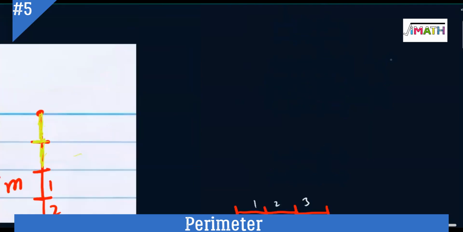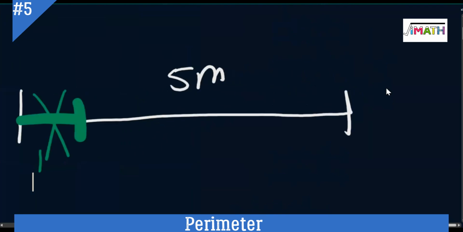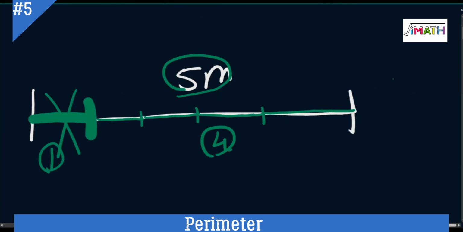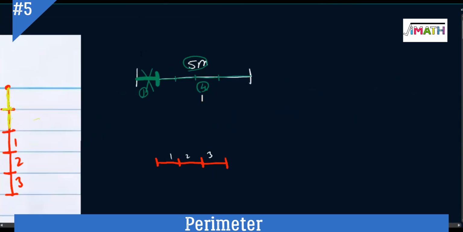Now we're going to use the reverse approach here. If the length of this big line is 5 meters, and I remove one segment that is 1 meter, what's going to be the length of the other line? 1, 2, 3, and 4, because 5 minus 1 is 4.